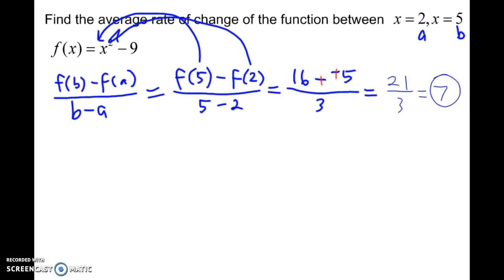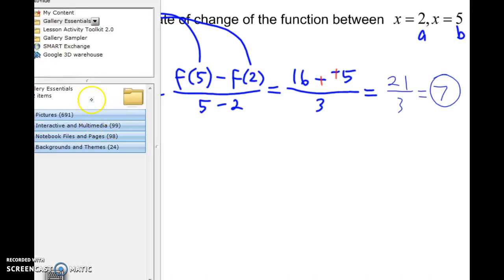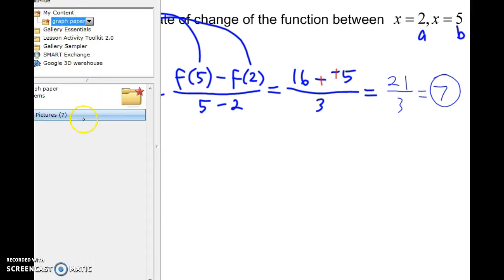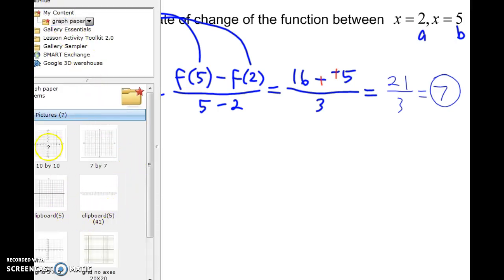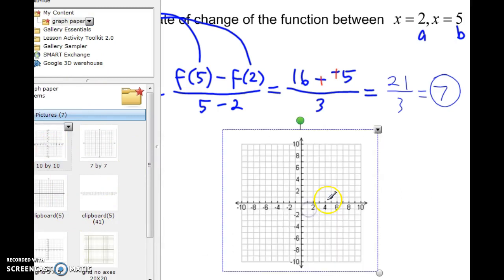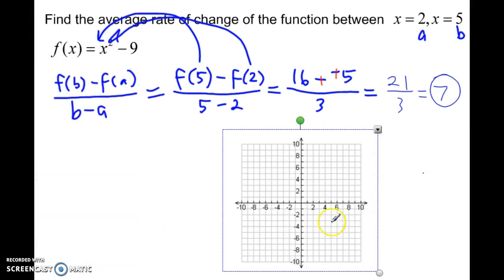Now, you certainly don't have to graph this at all. I'm just going to roughly sketch this out here so you have a sense of what this might be. So I'm going to get the graph paper here and roughly sketch it out. So this function looks something like this. If I were to graph x squared minus 9, there's a y-intercept right there.